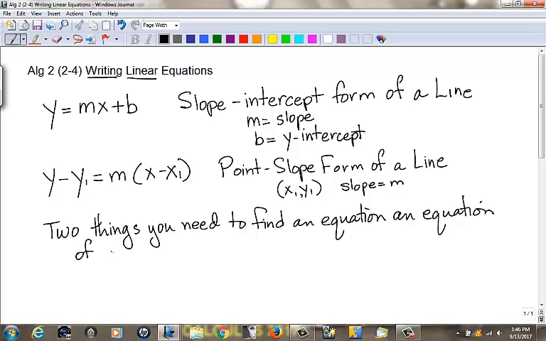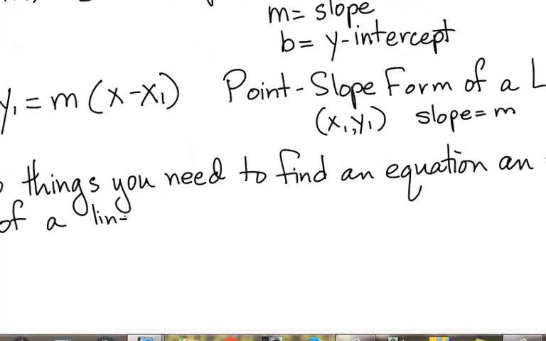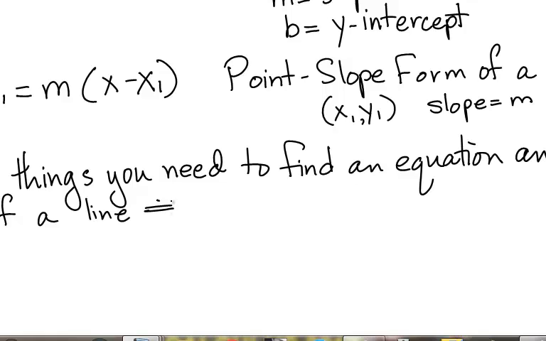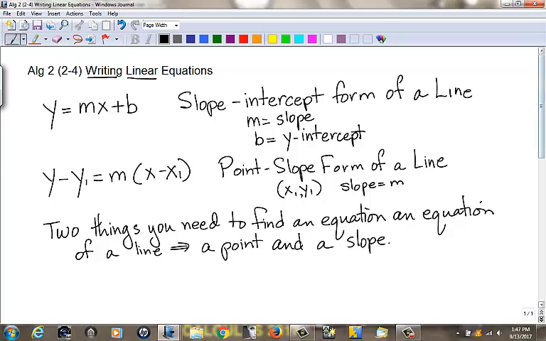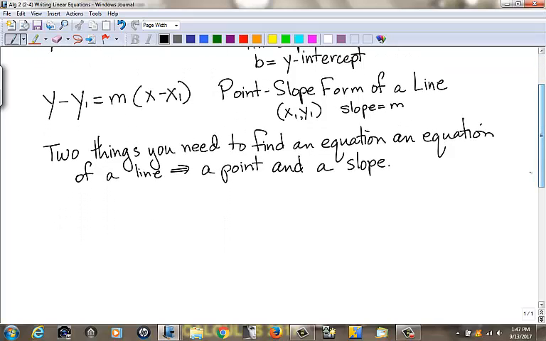Okay, you need a point and a slope. And then you can always go to point slope form of a line.